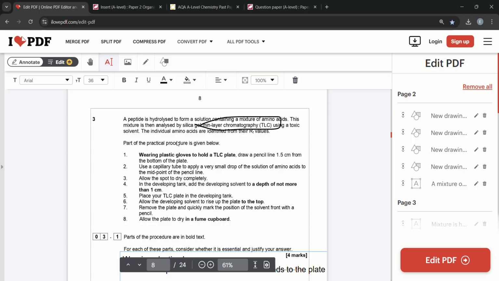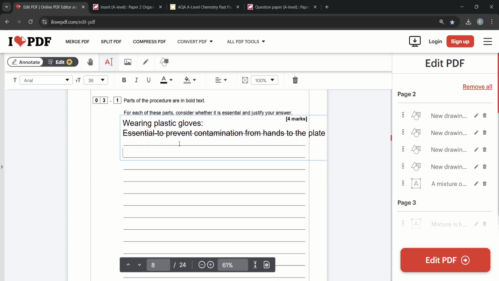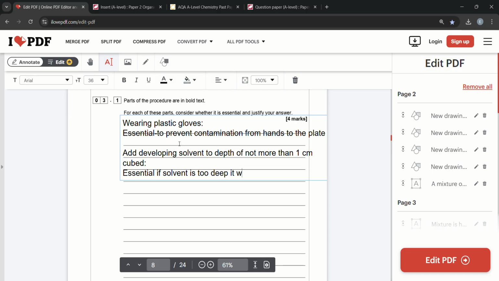Adding solvent to a depth of not more than 1 centimeter. Add developing solvent to a depth of not more than 1 centimeter. It is essential. If solvent is too deep, it will dissolve the mixture from the plate.